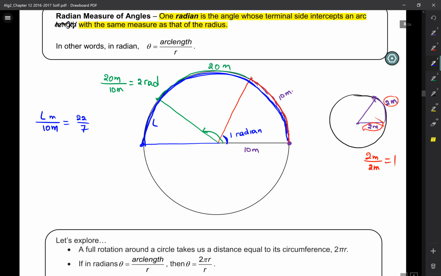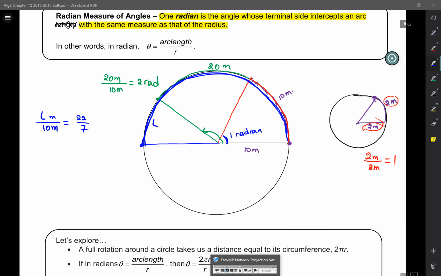Well, pi is 3.14159 and so on. It's actually approximately 22/7.